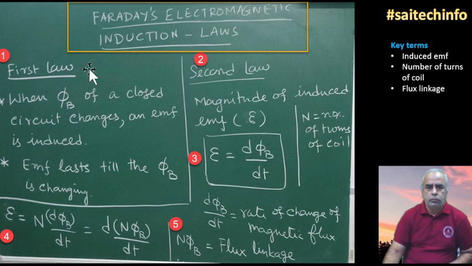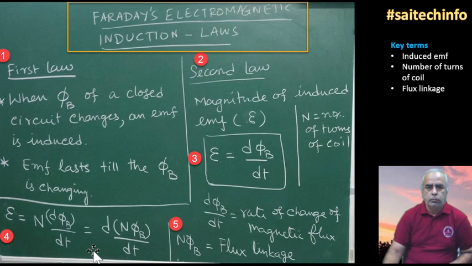In the second case, the rate of change of magnetic flux is responsible for the induced EMF. Okay, and in fact we can include the number of turns of coil also in this case. So let us proceed with point number 4, where EMF is nothing but N into, that N represents the number of turns of coil, so N into d phi b divided by dt.